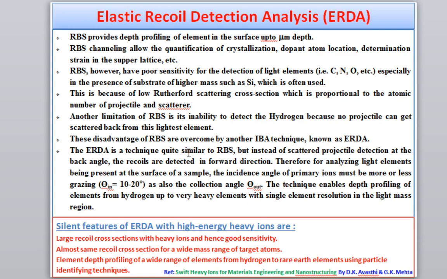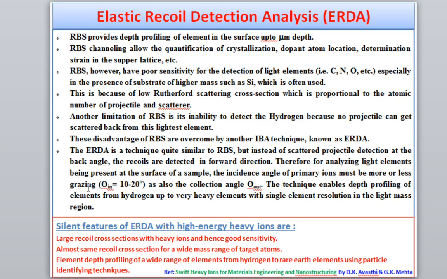For analyzing light elements at the surface of the sample, the incident angle of the primary ion must be grazing, that is, a very small angle of the order of 10 to 20 degrees, normally 15 degrees. The collection angle theta out should also be very small.